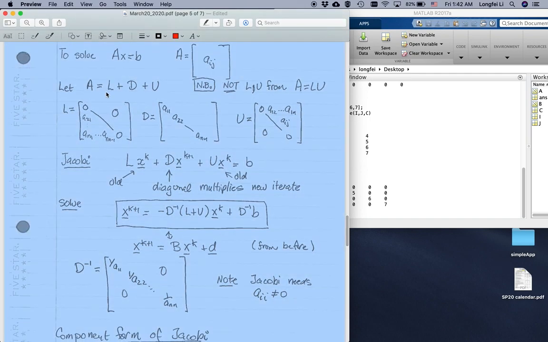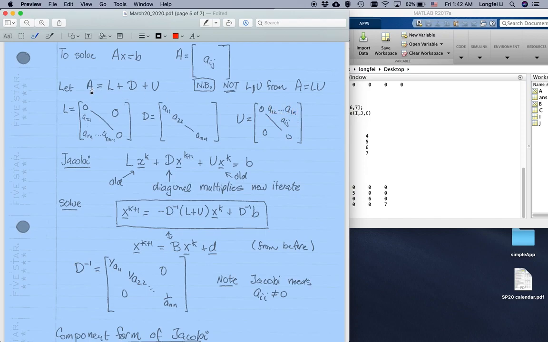This L is basically the lower part of your matrix A, so everything below the diagonal is my L. And the D is my diagonal, and the U is the entries above the diagonal.